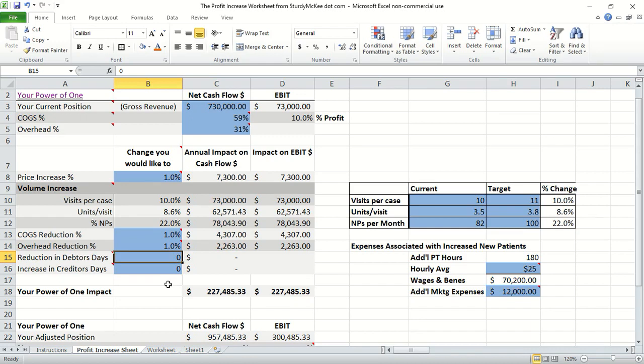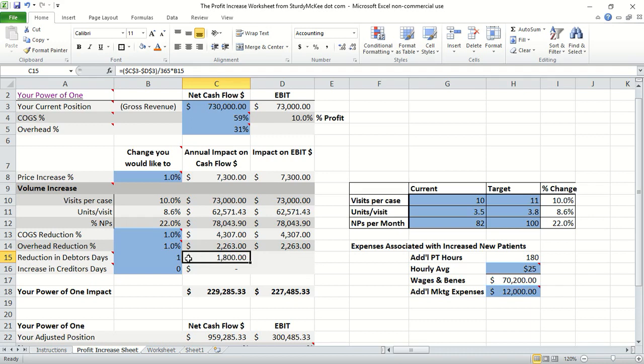Reduction in debtor days means basically, let's look at this, it's reducing your average DSO. So what's your average age of accounts? How long does it take you to collect? So if you're able to get from 33 to 32, you can reduce your debtor days by a day.